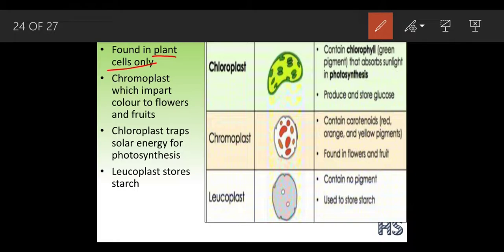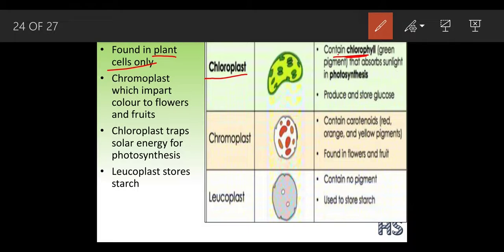You have heard about this word in the previous also, chloroplast. What is a chloroplast? Chloroplast is the cell organelle which contains chlorophyll. Because of this chlorophyll, plants get the green color.